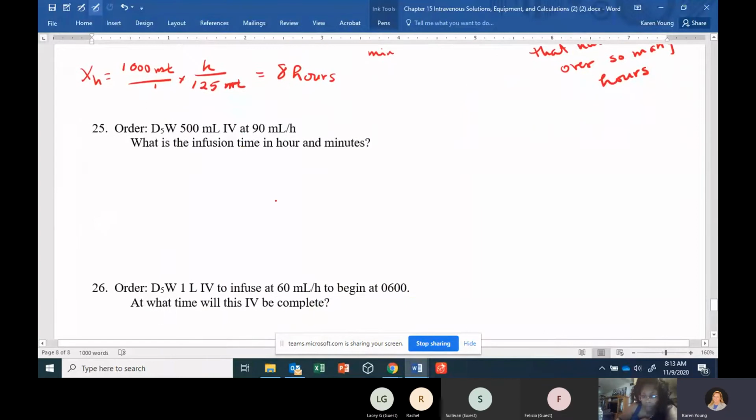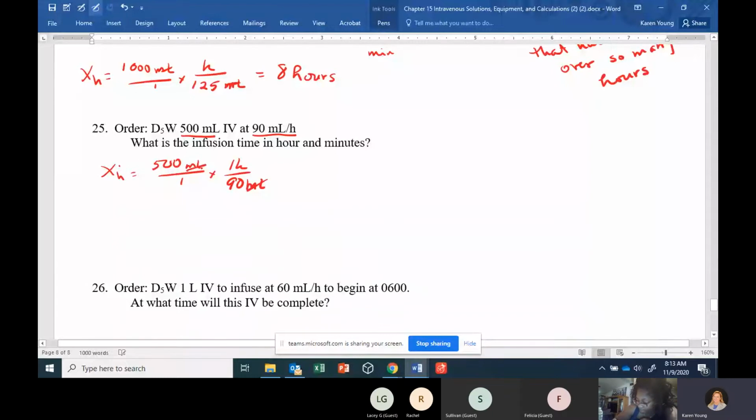So number 25 has the infusion time in hours and minutes. This one's a little bit different, but we're still using our total number of milliliters times our rate. So this time, I'm going to have the 500 over 1 times my 1 hour over 90.